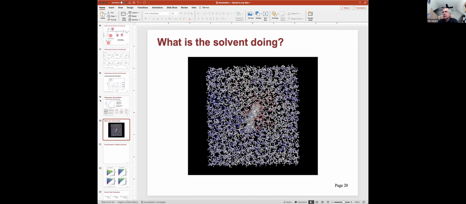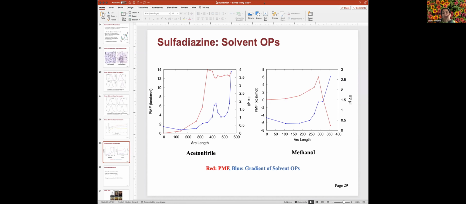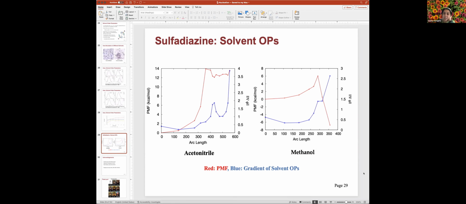Okay. And then I had a question on your slide 29, where you showed the solvent effects, and you showed that in some cases the gradient of your solvent order parameter is related to the nucleation barrier, and in some it isn't. Do you know what that implies physically? As in, do you know how the solvent is affecting that? Yeah, so if you think about what this gradient is, it's telling you how much the structure of the solvent is changing at that point.